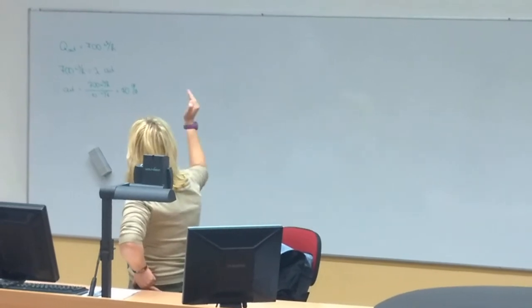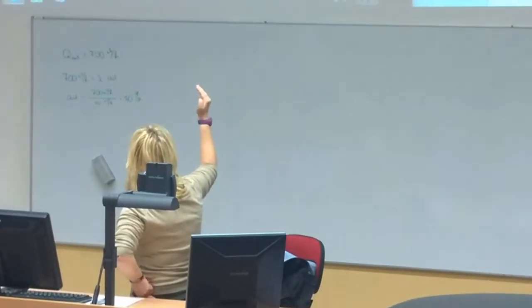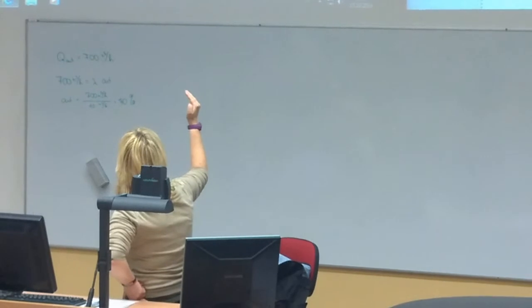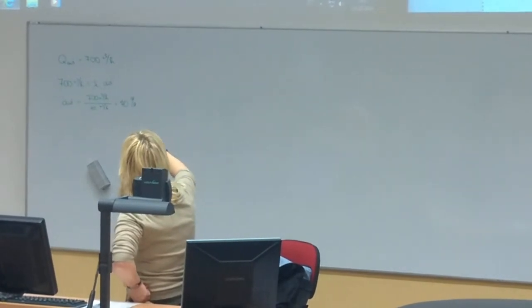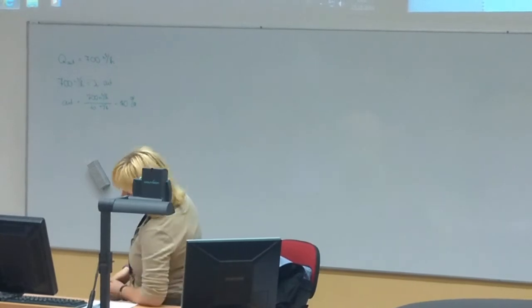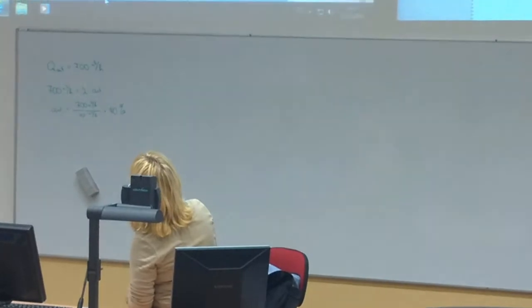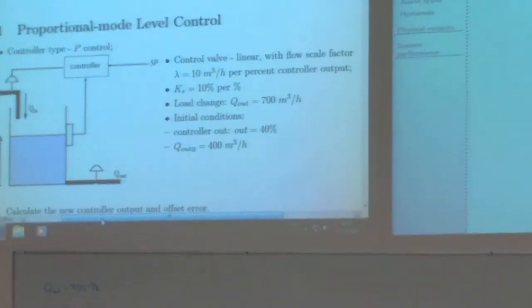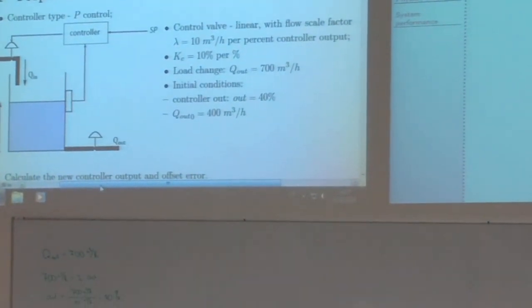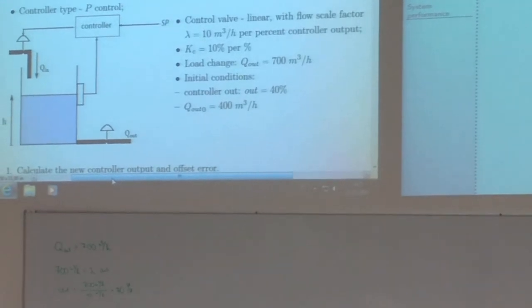So at the beginning our output was 40%, and then we should change it to 70%, or our tank will be empty. So this is the new controller output.